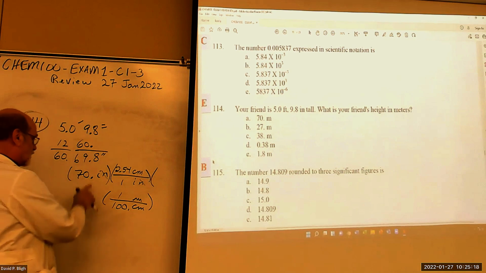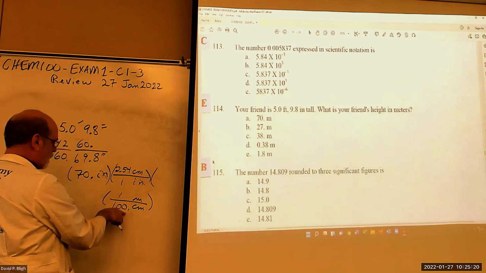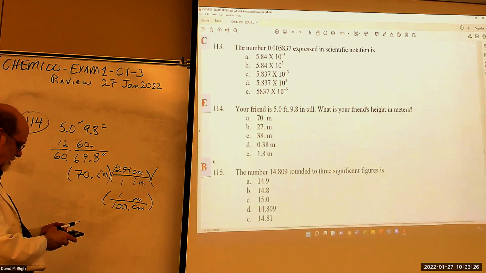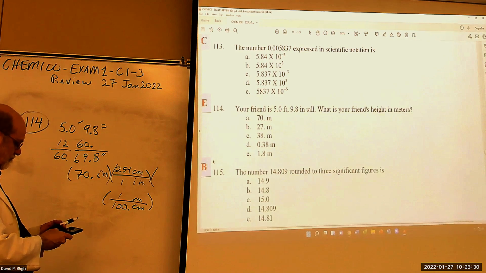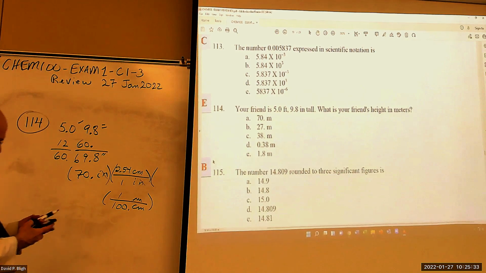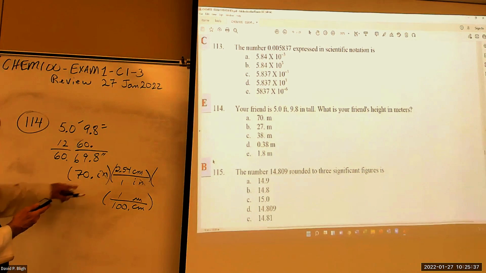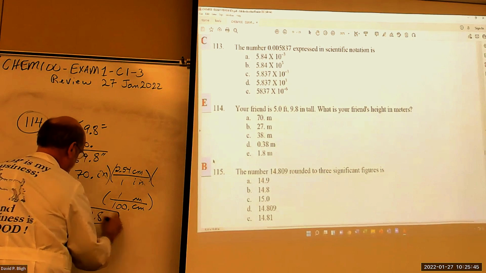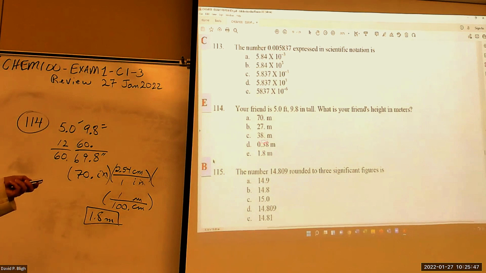Okay. So 70 times 2.54 divided by 100. So I get, let's see, two significant figures, 1.8. Rounded off, 1.8 meters. There it is.